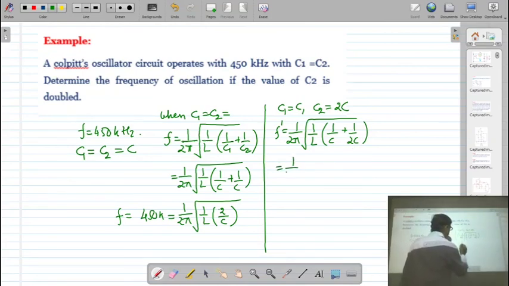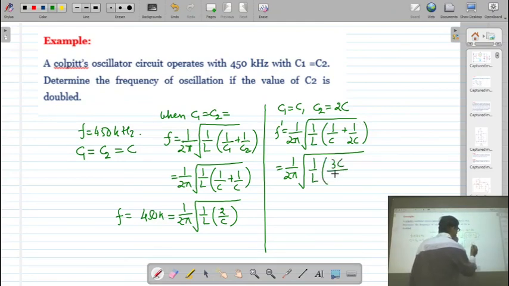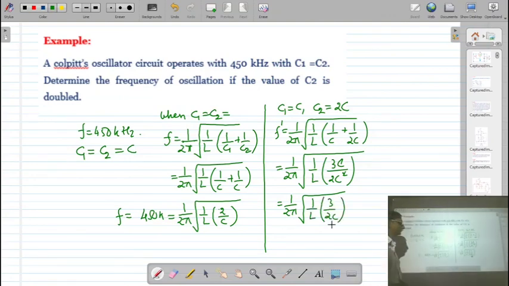And this is equal to 1 upon 2 pi under root of 1 upon L into (2C plus C) by 2C square, so 3C by 2C square. So this will be cancelled and equal to 1 upon 2 pi under root of 1 upon L into 3 by 2C. Okay? So this is my new frequency.